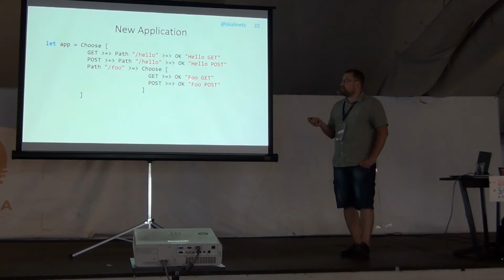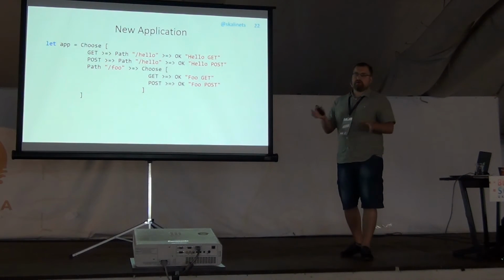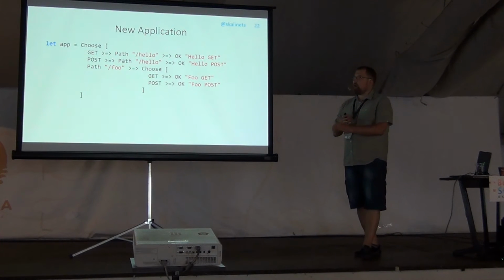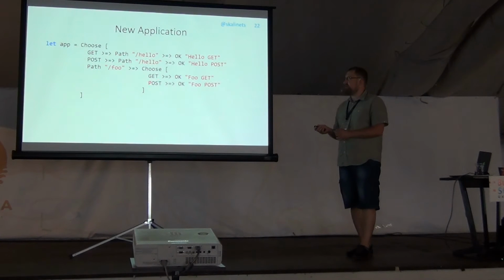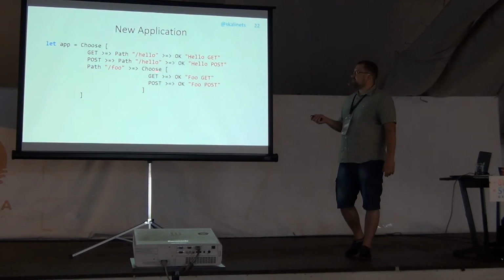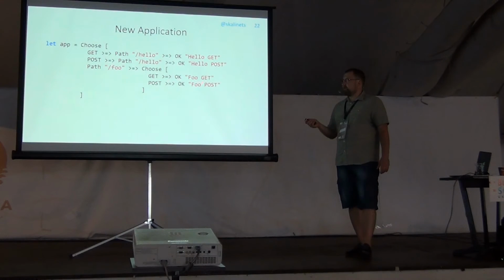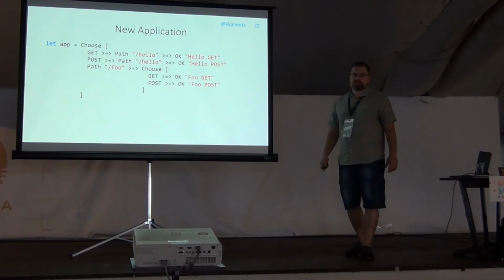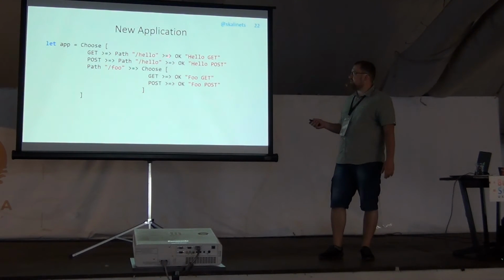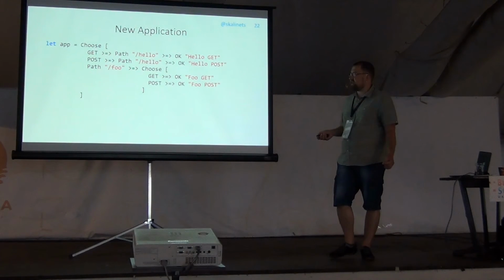And for foo, we are doing the same, but we are basically changing the order of these combinators. So here we just check against the verb, and then we check against the path, and then we return OK. But here we are doing it the opposite way. We are checking against the path. If path is foo, then we choose either get or post and return the result. So the result of this and this are the same.